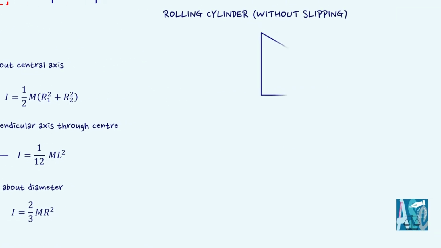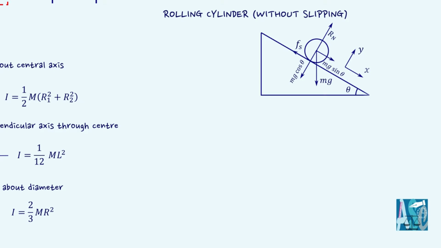Now moving towards the problem of a cylinder rolling without slipping over an inclined plane. The force diagram of the problem is shown in the adjacent figure. Forces along the x and y axes can be equated easily from the figure. Now, for rotational motion about the center of mass, the only force that produces torque is the frictional force.